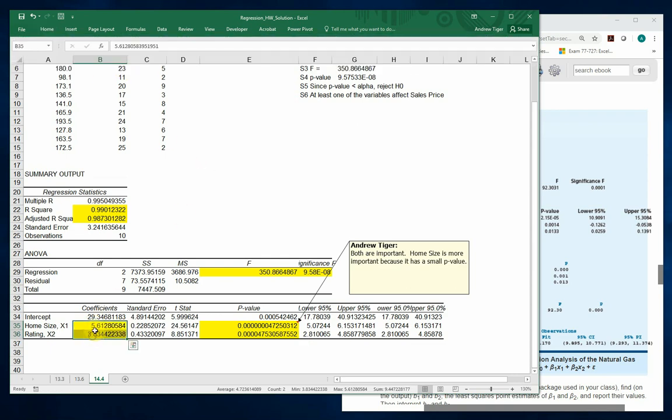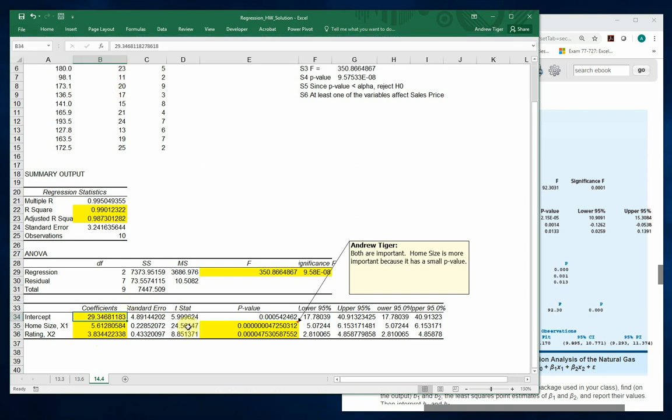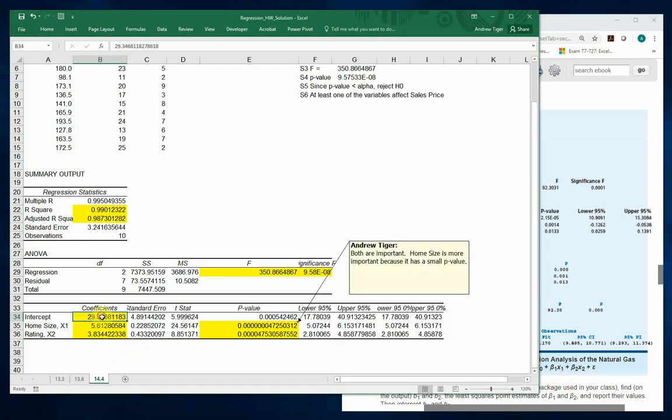Then, over here is the final thing we're going to do. These are the coefficients. That's the intercept. Our equation is b0 plus b1x1 plus b2x2. Well, there's b0, b1, b2. So now we can use this to predict.